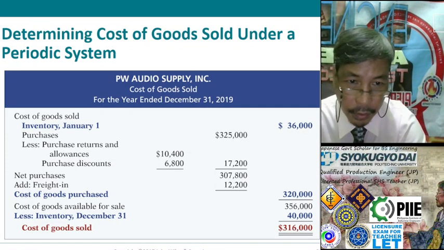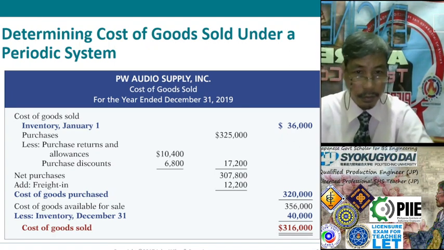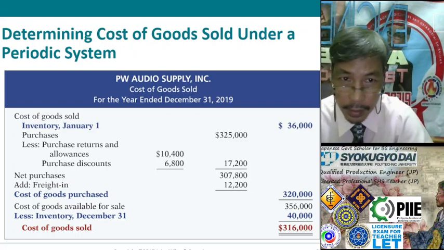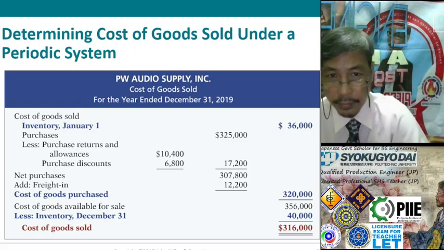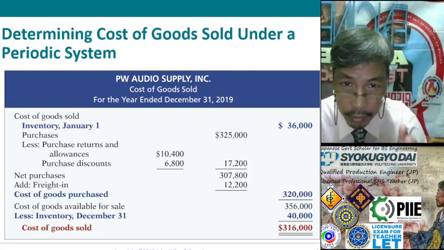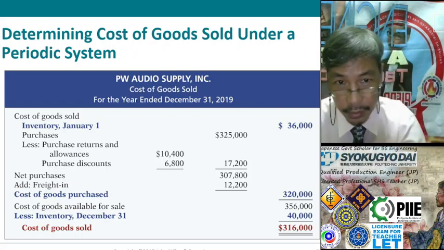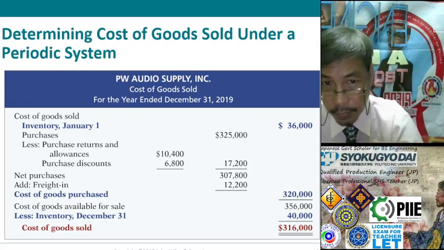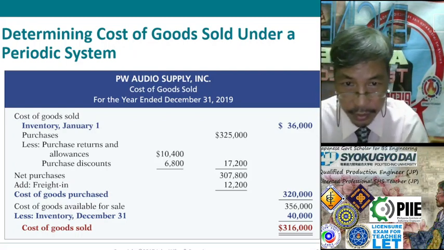So for example, we have here the periodic system cost of goods sold. Cost of goods sold account: inventory January 1. So purchases, less purchase returns and allowances, purchase discount, net purchases, add the freight in.